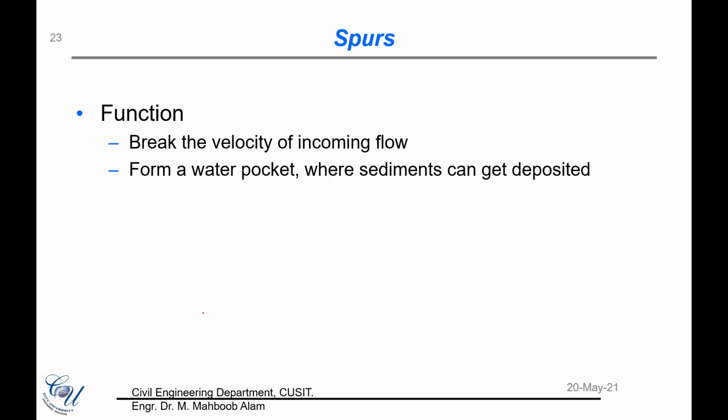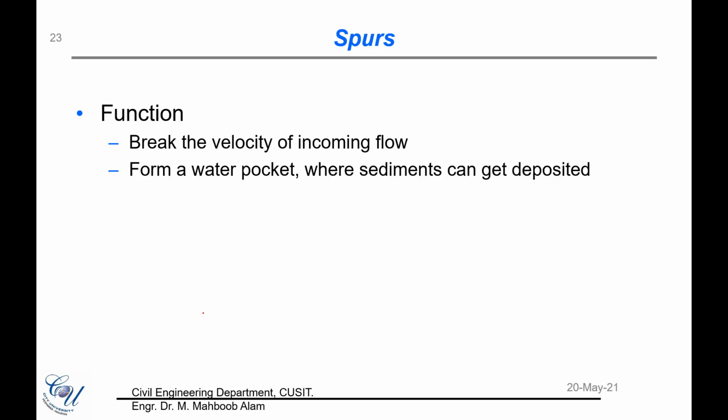So we are not very much interested in the velocity of water at this particular section. So we can somehow reduce the velocity of water. This breaking of the velocity of incoming flow makes it so that in the pockets of water that are being created, most of the sediment can be settled in this area.